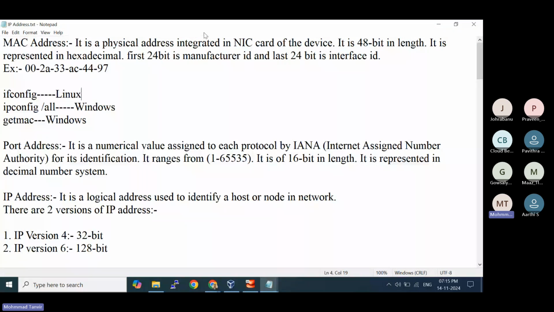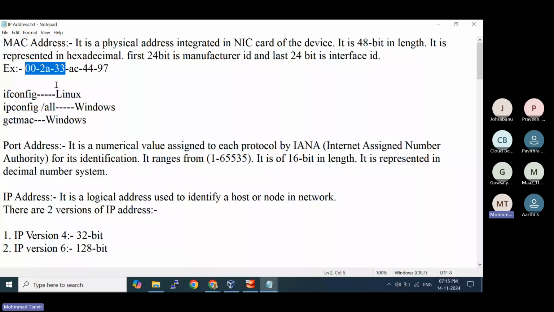Now, this MAC address is defined in the chip using the embedded system, so it cannot be changed, and it is defined by the manufacturer. The first 24 bits of the MAC address are the manufacturer ID. If you see here, it is 12 hexadecimal digits, and every one hexadecimal digit is equal to 4 binary bits.